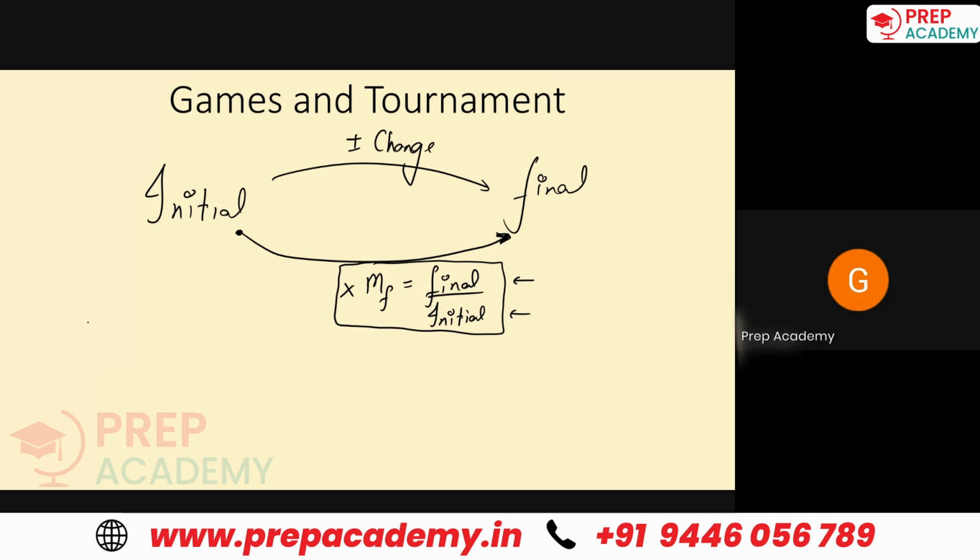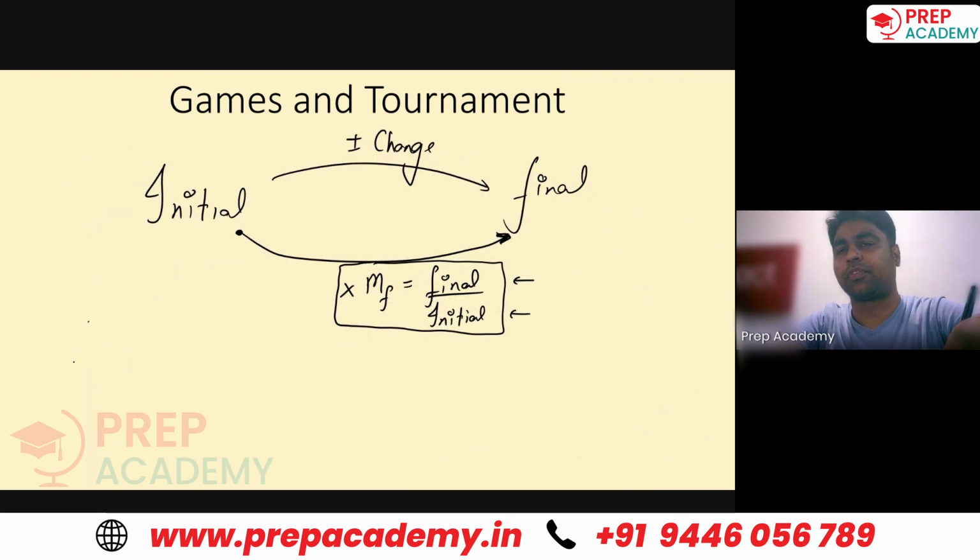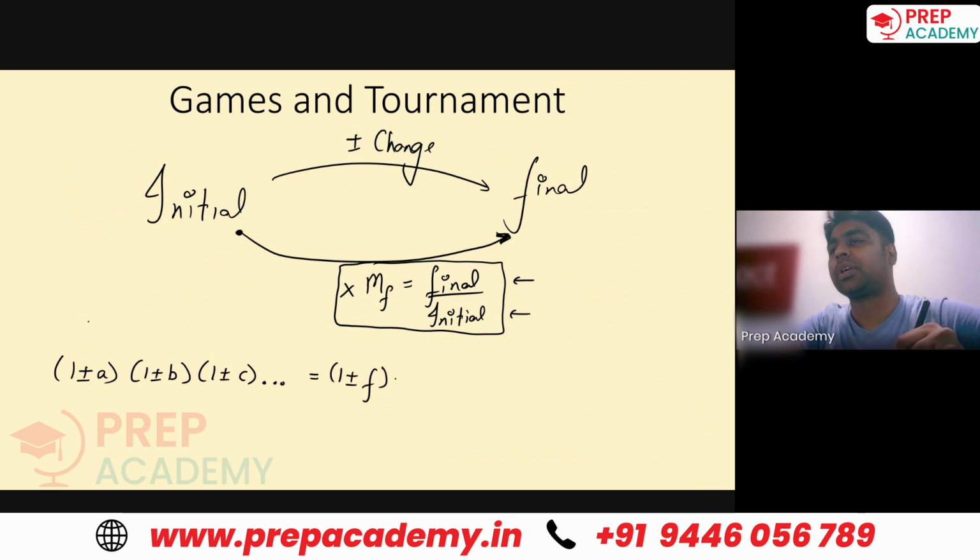Now, I'll try to teach you one more formula, that is 1 plus or minus A into 1 plus or minus B into 1 plus or minus C and so on would be equal to 1 plus or minus F, and that would be equal to final upon initial.